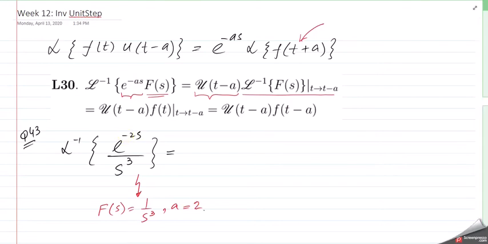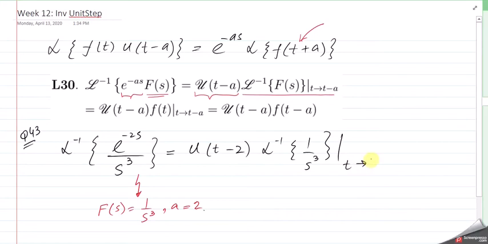All right, so let's use this information in the next part, u(t minus a). So a is 2, Laplace inverse of f of s, which is 1 over s cube, and then t goes to t minus a, where a is 2.